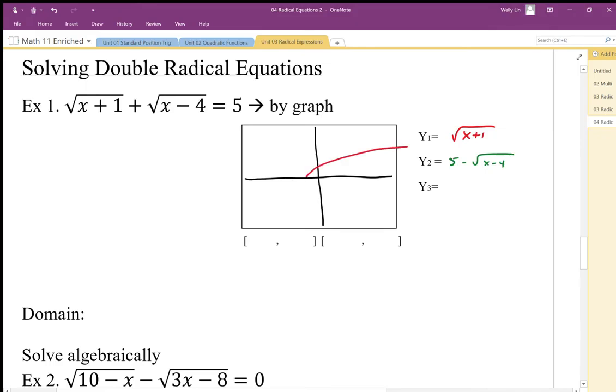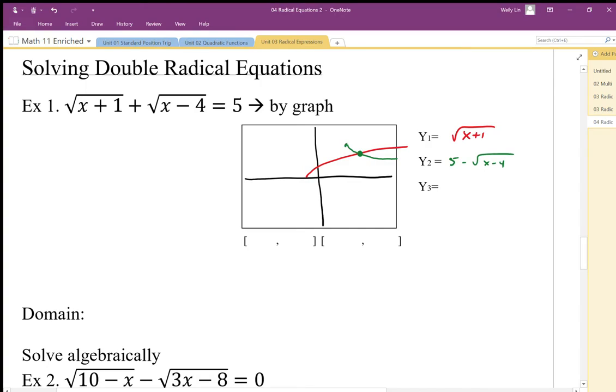And this graph, the green graph, is essentially starting at x equals 4 and y equals 5, and it's going to end up being an upside down half parabola, and it looks like there's one solution right there.